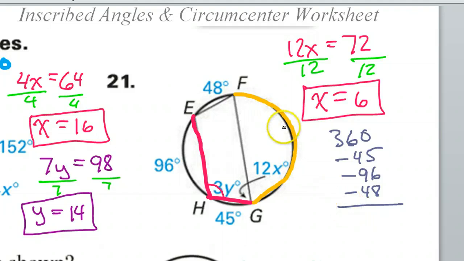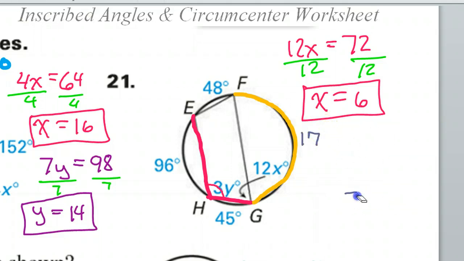Okay, so that means that FG here is 171 degrees. Now we have all of the arcs. So let's get back to finding the intercepted arc for angle H.